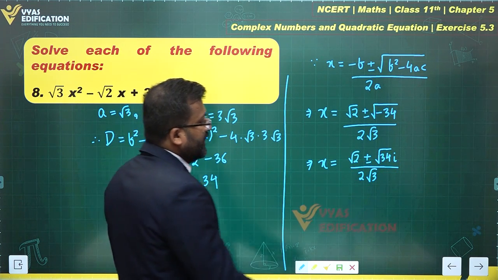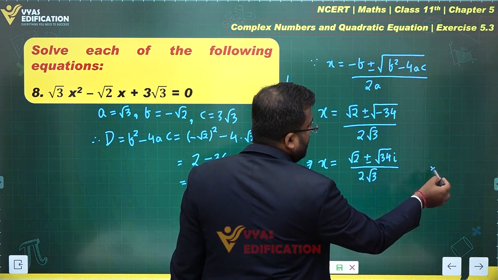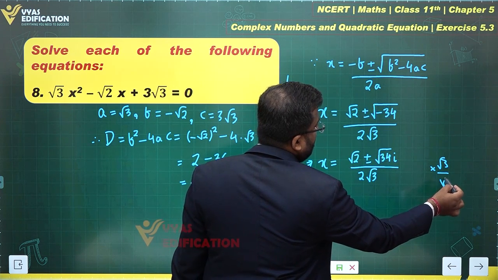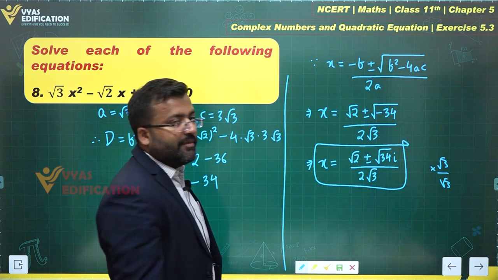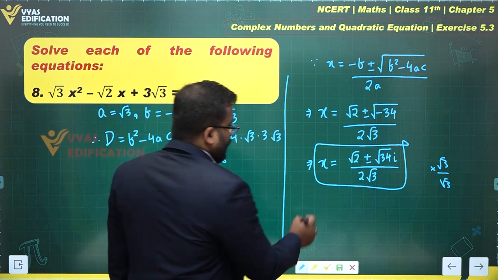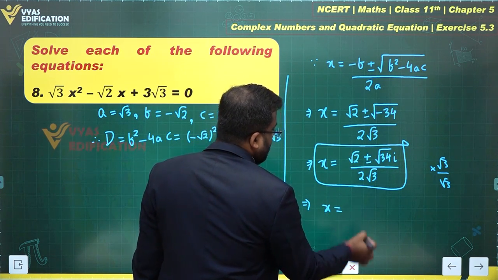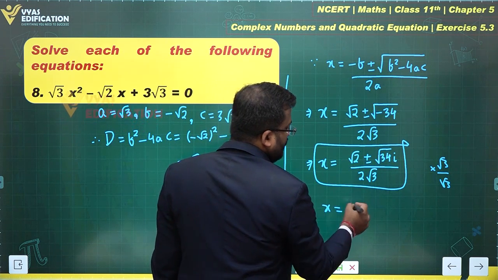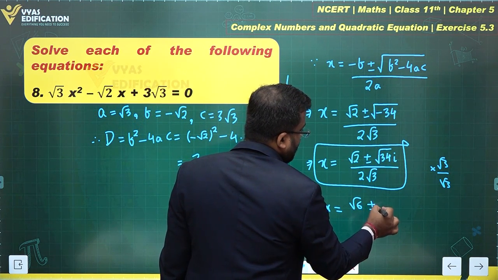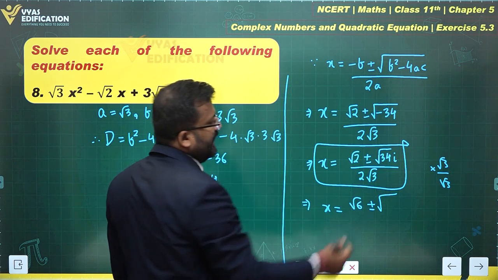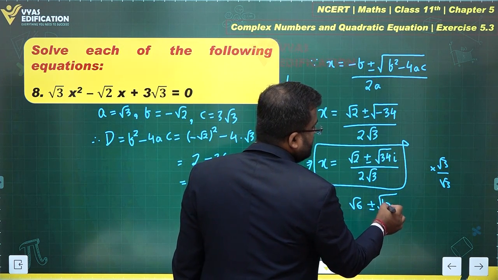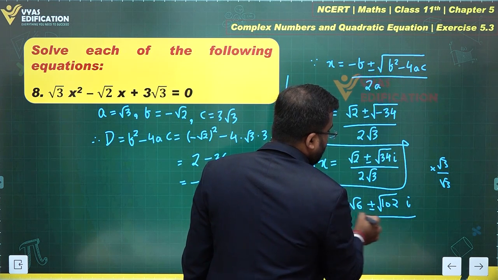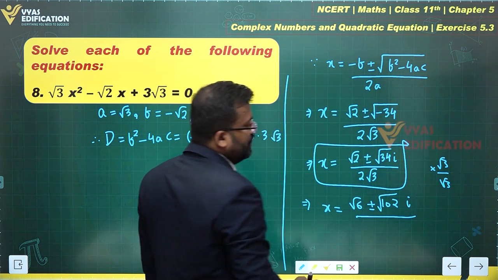We can leave the answer at this stage, or we can finally rationalize the denominator as well. For rationalizing the denominator, we'll have to multiply by root 3 in the numerator and root 3 in the denominator. Therefore, x becomes equal to root 3 times root 2, which is root 6, plus or minus root of 34 times 3, which is root 102I, upon 2 into root 3 into root 3.